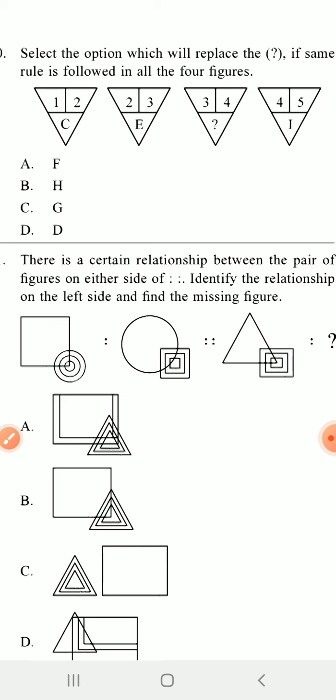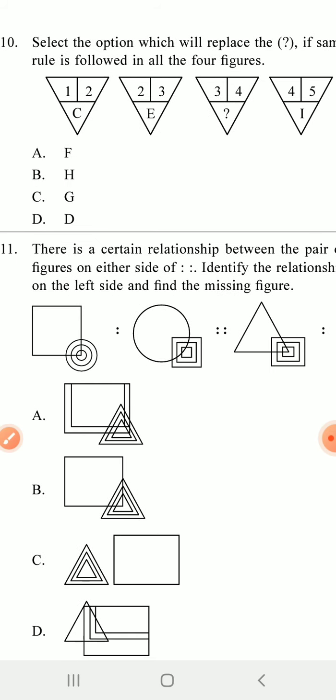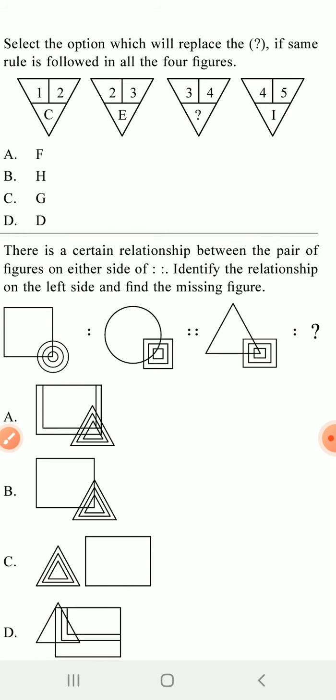Here look, there is a square and in the corner there is a concentric circle, and here the circle has a concentric square in the corner. So square having circle in the corner and circle having square in the corner, that means do the opposite thing. Here also do the same opposite thing and you can get the answer.